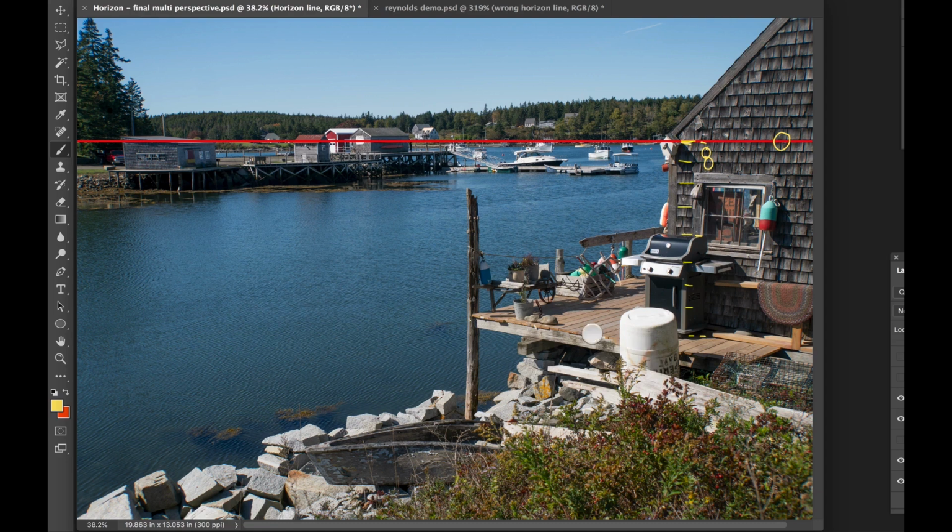That means anywhere in this deck or on this deck, if I place something where I want to put something, it's going to be 8 foot from the horizon line. So let's say I want to put a figure right where I put that mark. I can then take that and mark it off into 8 equal feet again.